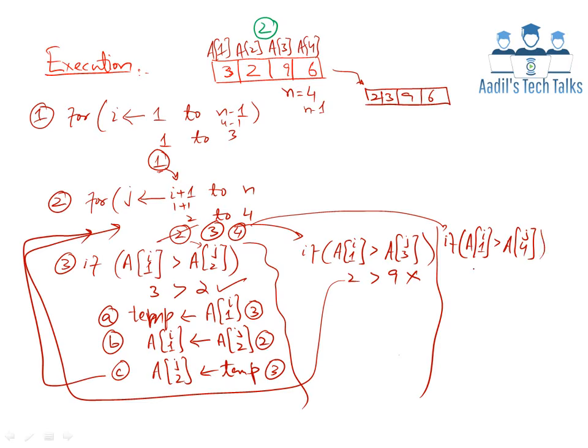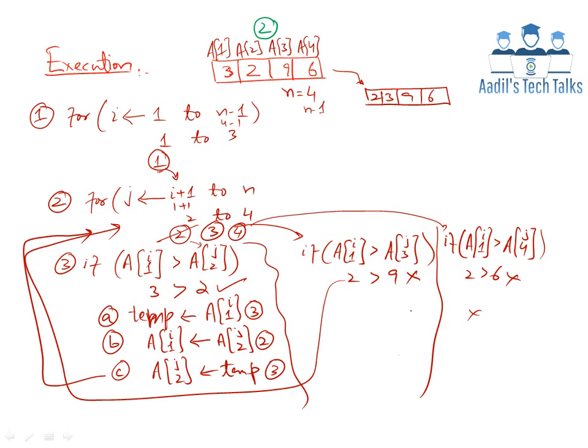On location 1 we have 2, and on location 4 we have 6. Is this 2 greater than 6? No, 2 is not greater than 6. Okay guys, so this means that there will be no swapping again for this.